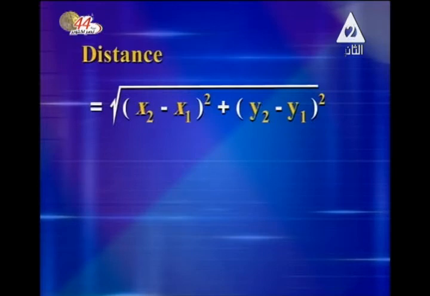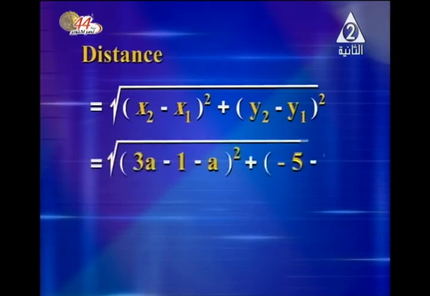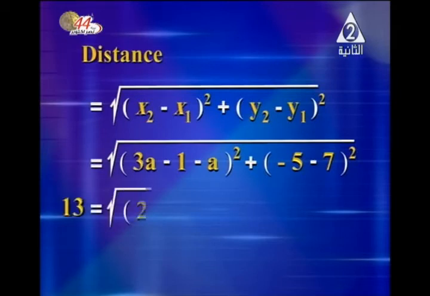the power of 2. By substituting, you are going to find that square root of (3a minus 1 minus a) all to the power of 2 plus (negative 5 minus 7) all to the power of 2. Then, by substituting, instead of the distance, you are going to write 13 equals square root.